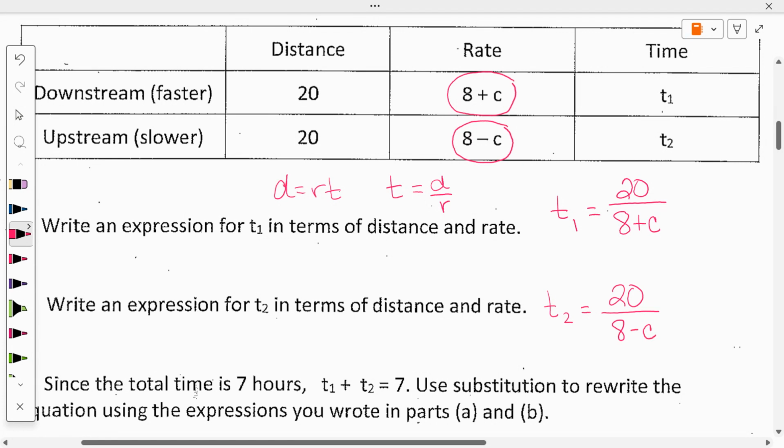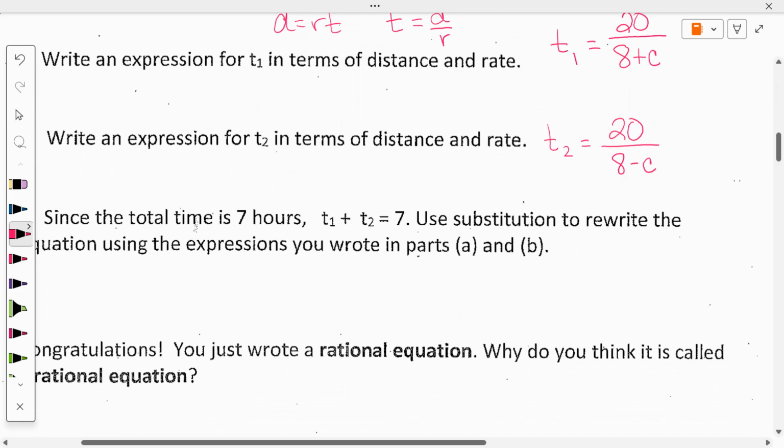We know that the total time they traveled was what? 7 hours. That means that T sub 1 plus T sub 2 has to equal 7 hours. So what do you think we're going to do?